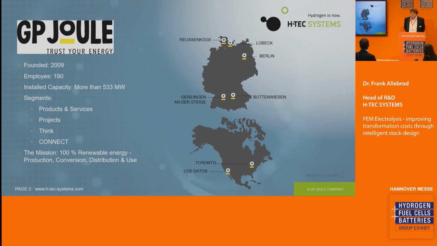GP Joule is a player around the field of renewable energy, with the goal to supply renewable energy around the clock, 100%. We have offices in Reusen-Köbel, the head office, very north, in Lübeck, Berlin, Buttenwiesen, and Geislingen an der Steige in the south of Germany, and also international offices in Toronto and in Los Gatos in the United States.